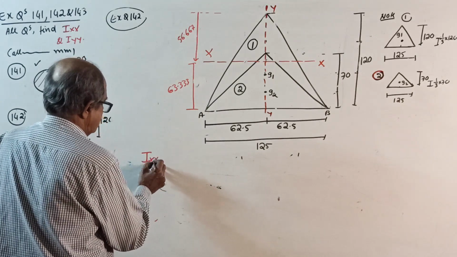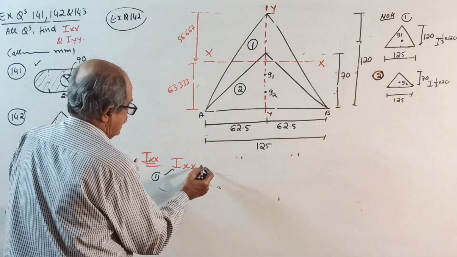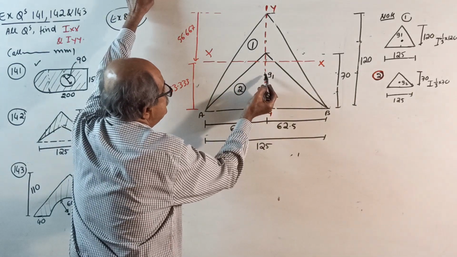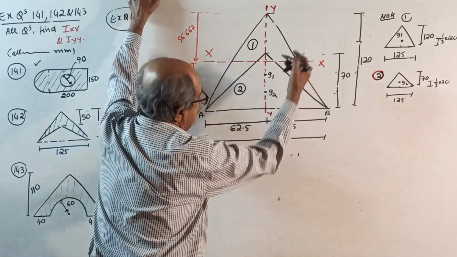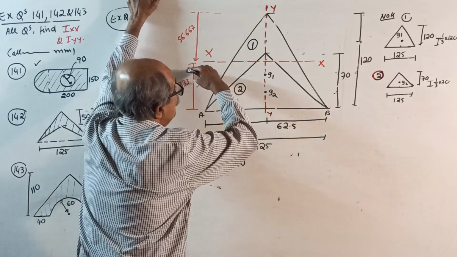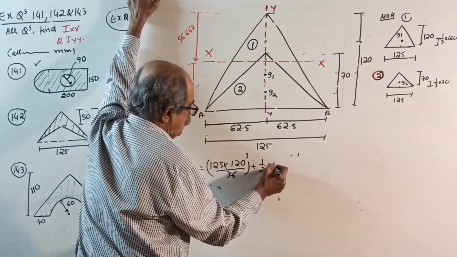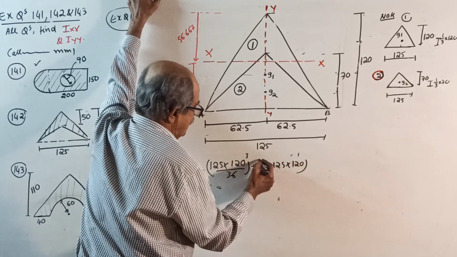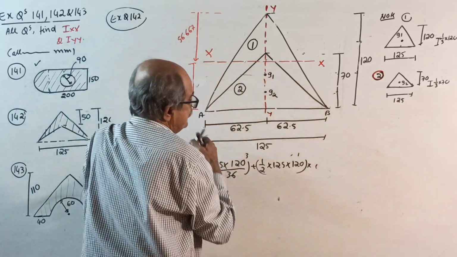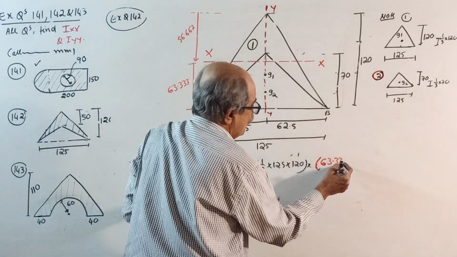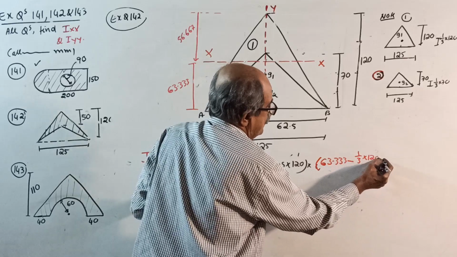I about XX, first I about XX for 1, equals I about G1, its own center on the axis: 125 into 120 cube divided by 36, plus half into 125 into 120, the area, into the distance from centroid G1 to XX squared, which is 63.333 minus 1/3 of 120, whole square. These are all concept questions.